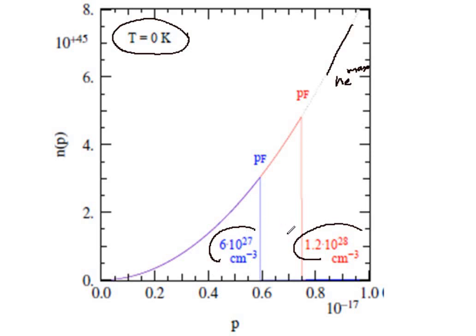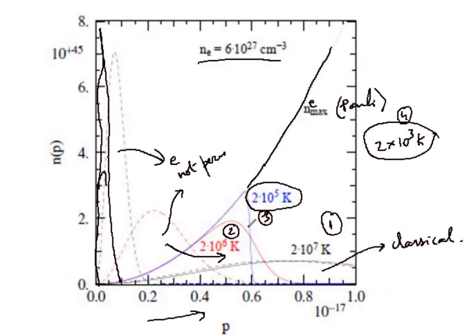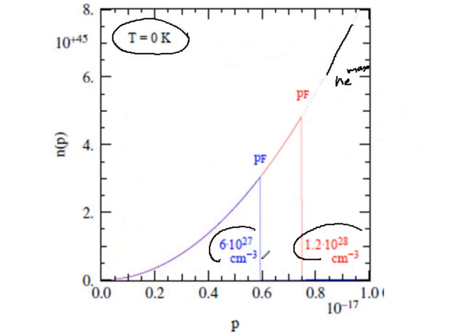Now the blue line is for the same density, but for the previous case over here, this one, the blue line, this was temperature 2 into 10 to the power 5 Kelvin. Now if I decrease it to 0, you see there is a steep decrease.